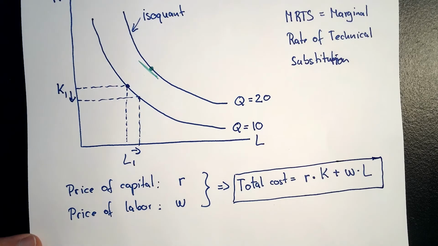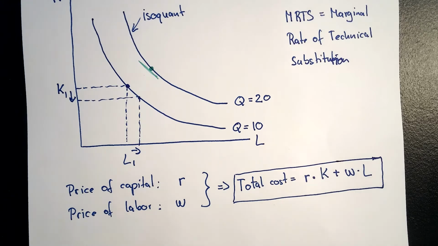But the difference is that the firm can choose the level of K and L, and it is not bound to a particular total cost. In consumer theory, we had a consumer with an income, and the income cannot be exceeded by the amount spent on various goods.